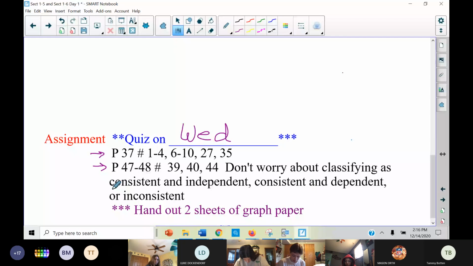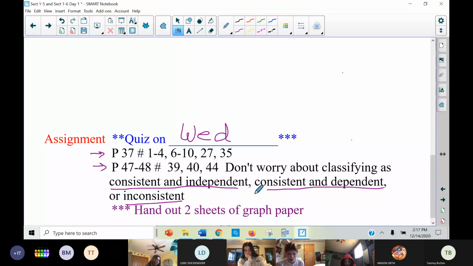The book talks about labeling things as consistent and independent, or inconsistent. We are not going to do that. So you do not have to do that part. Ignore that. You're just going to graph the two lines and say what the solution is if they do intersect, or infinitely many if they're the same line, or no solution if they're parallel. So you can ignore that.